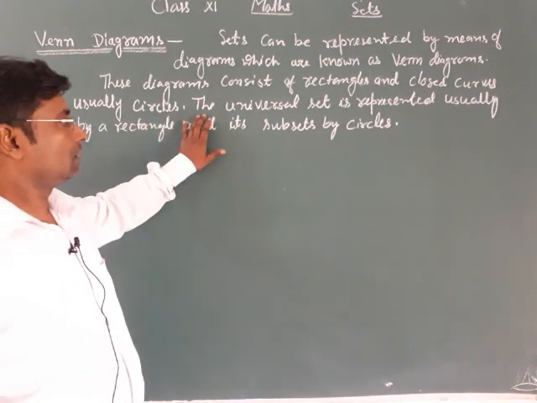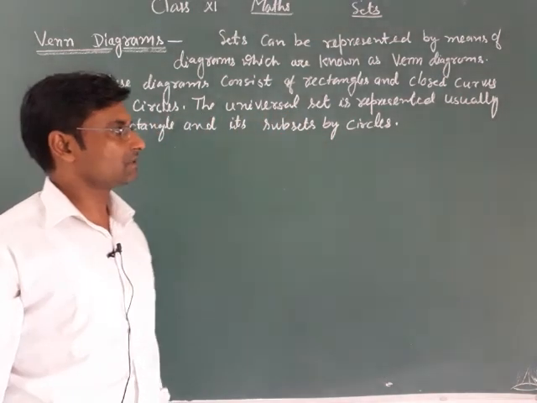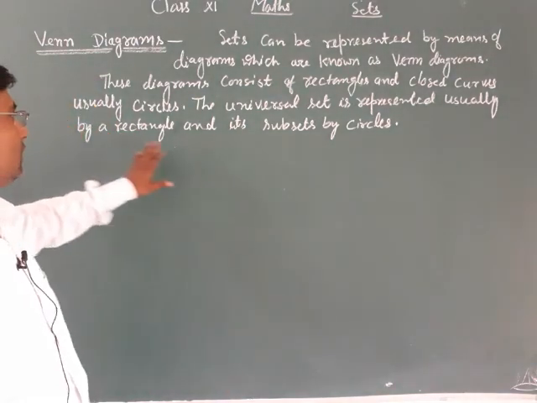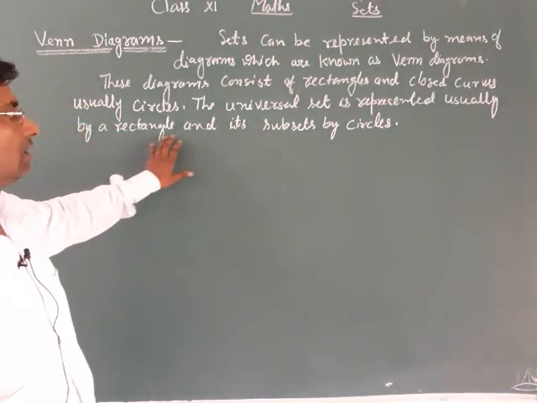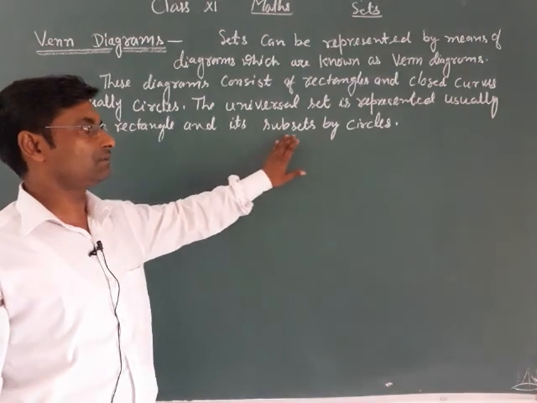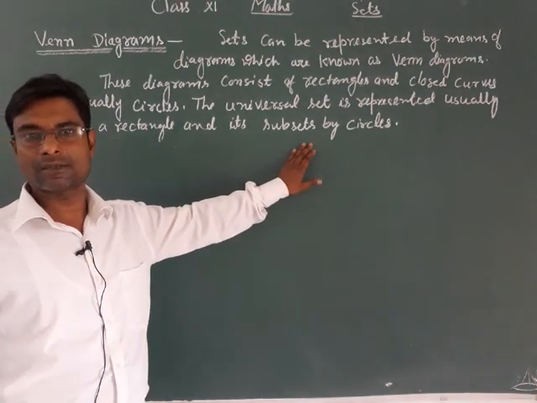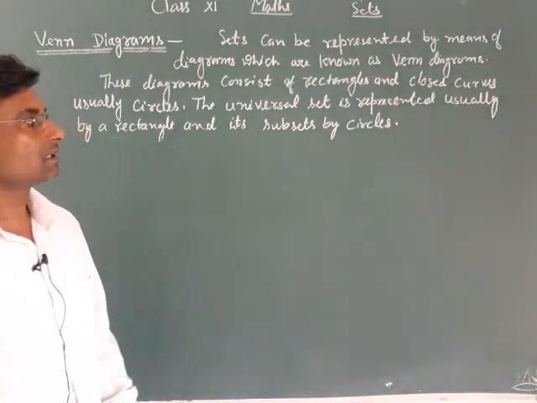The universal set is usually represented by a rectangle and its subsets by circles.